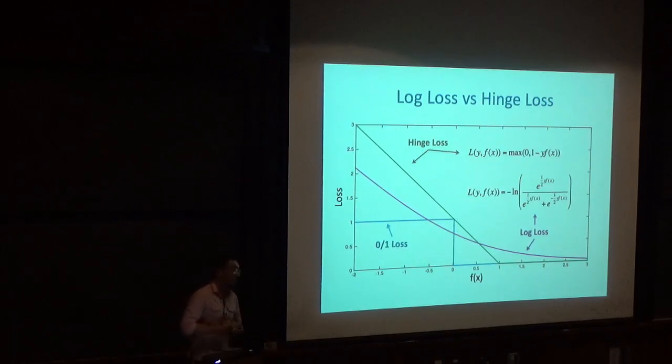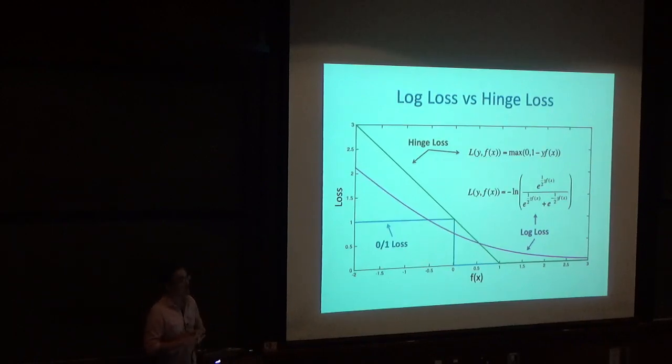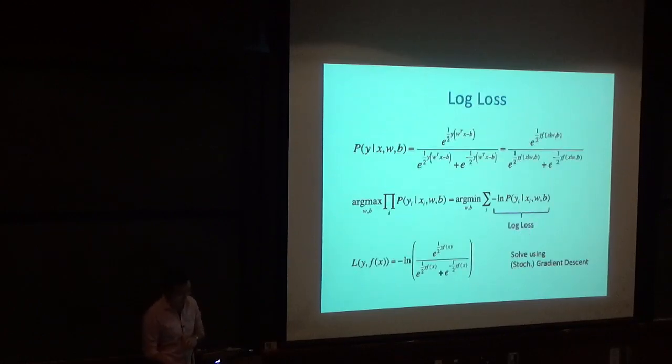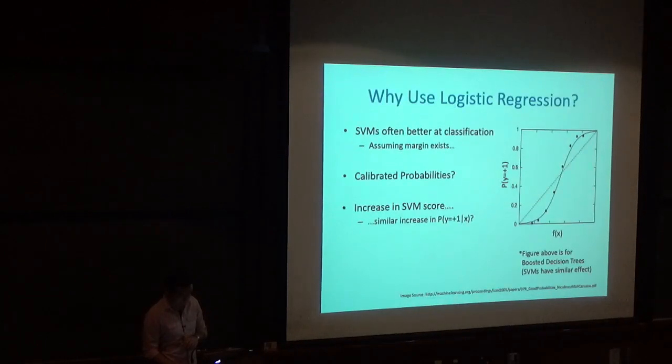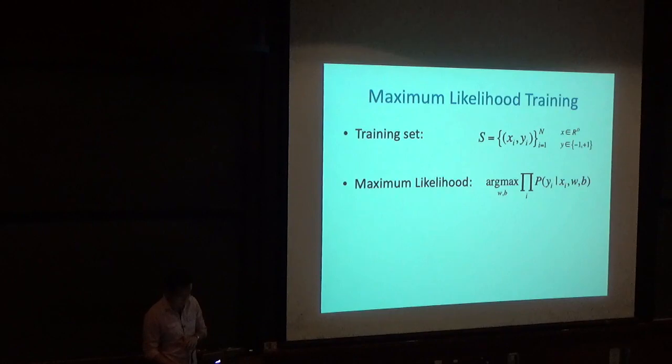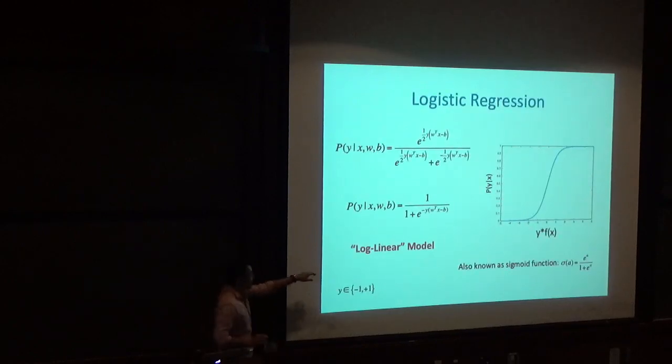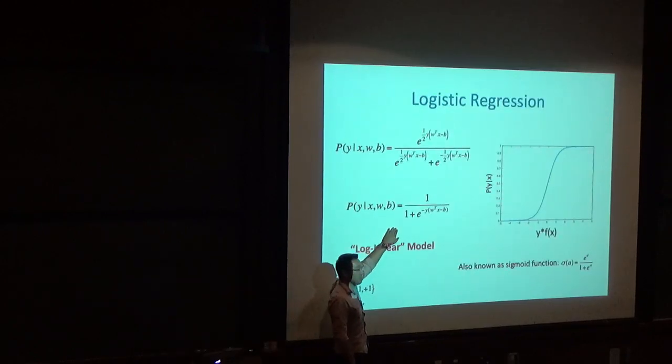That's certainly true. In terms of reasoning about the comparison between hinge loss and log loss, I think this formulation makes more sense. But yeah, you're certainly correct that the other formulation is more convenient to work with when you're optimizing.